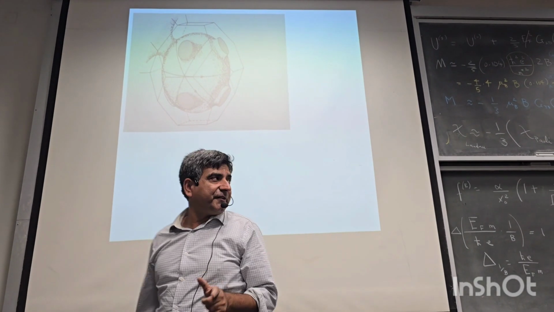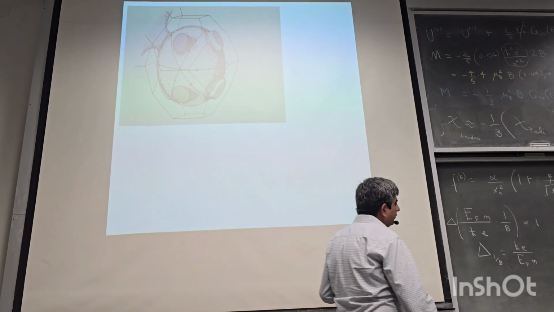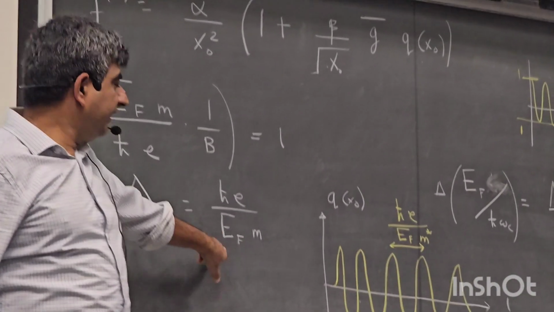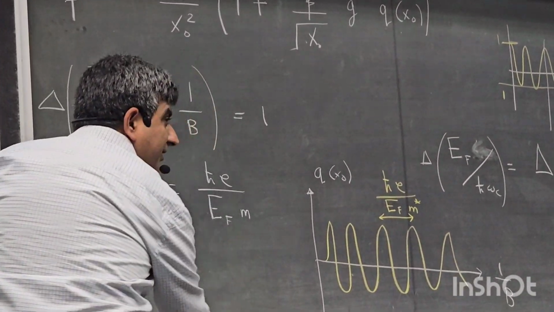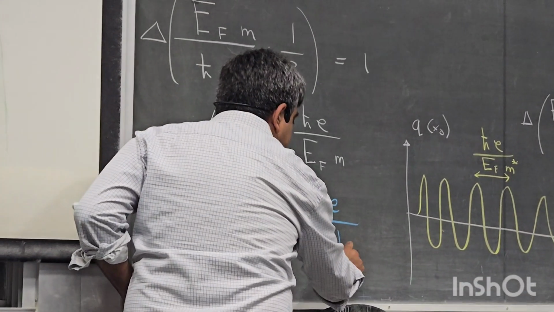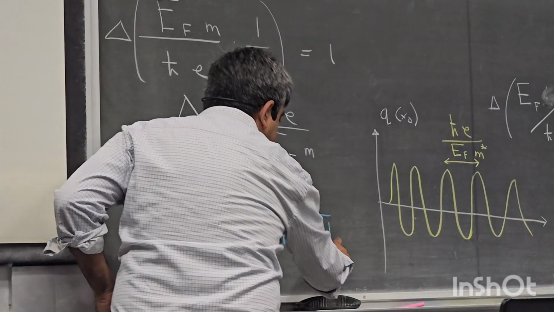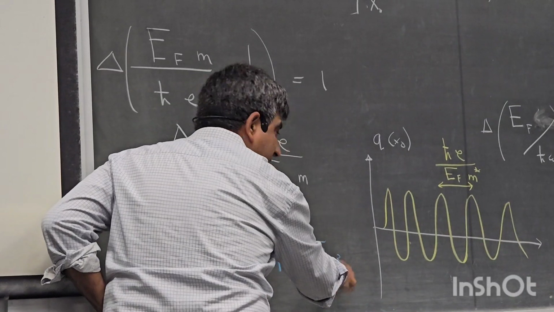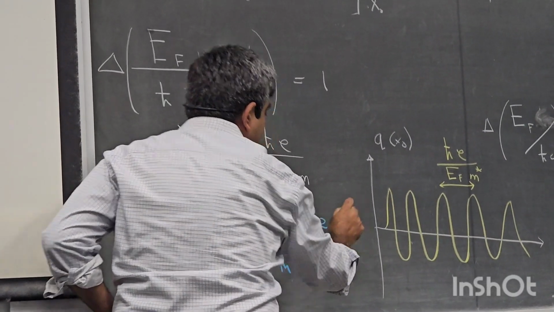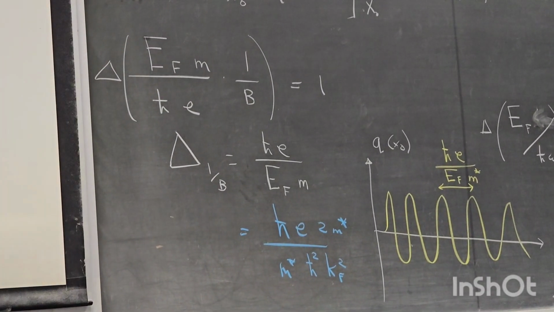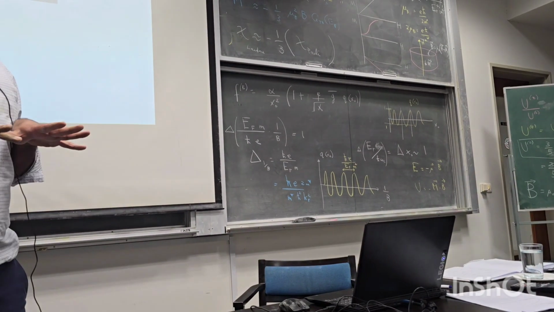Now, an interesting observation is that if you look at the period over here, just one last thing, EF. EF, remember, is ħ²kF²/2m*. Now πkF² is the area in the k space on the XY plane.